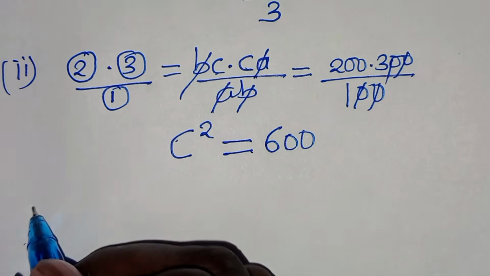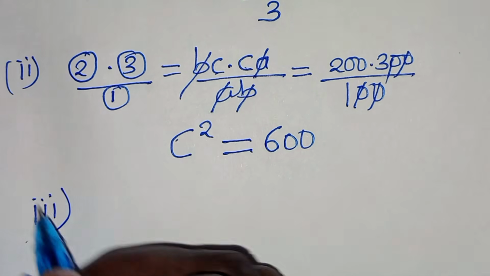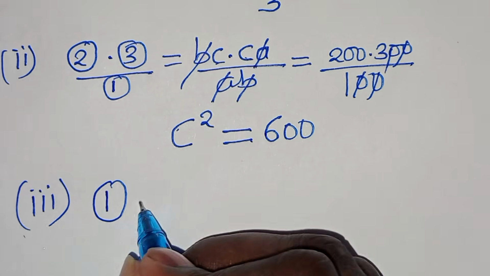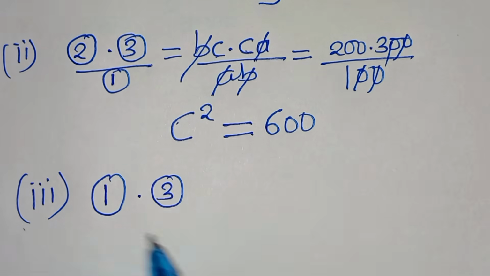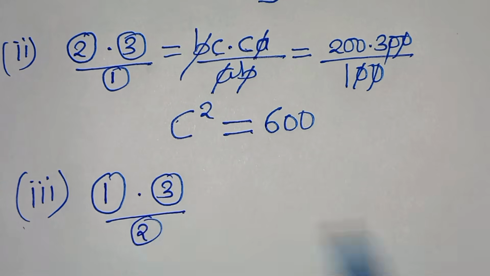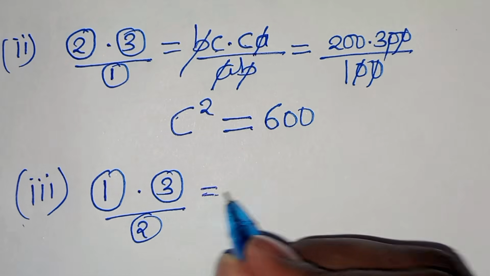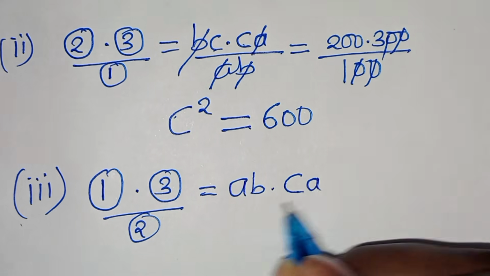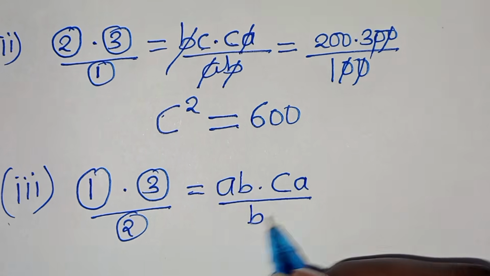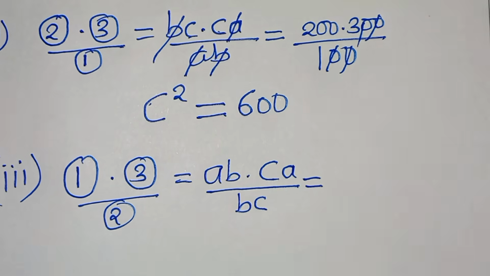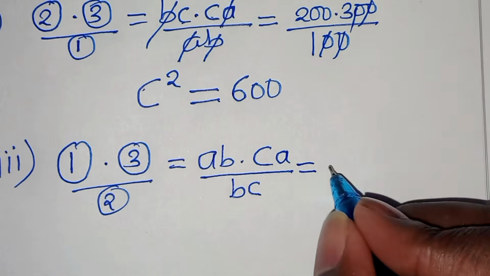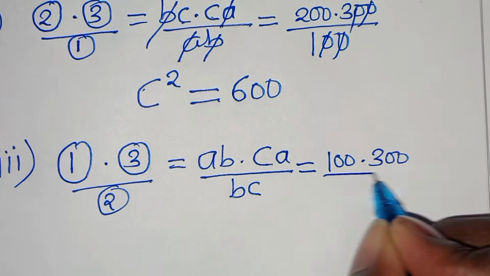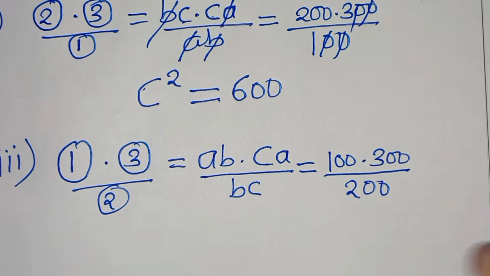Now, the third step is to multiply equation 1 by equation 3, then divide by equation 2. So this is to mean that we have ab multiplied by ca divided by bc. And this should be equal to ab is 100 multiplied by 300, then divided by 200.